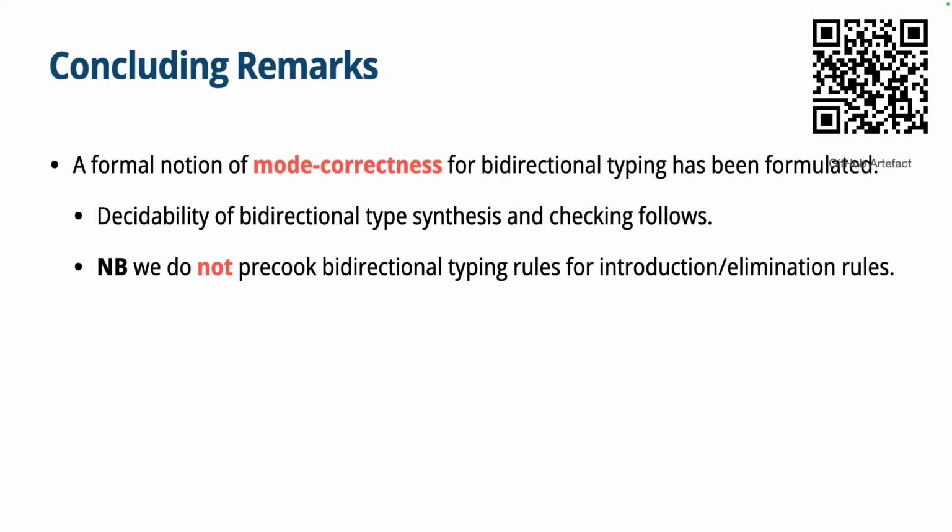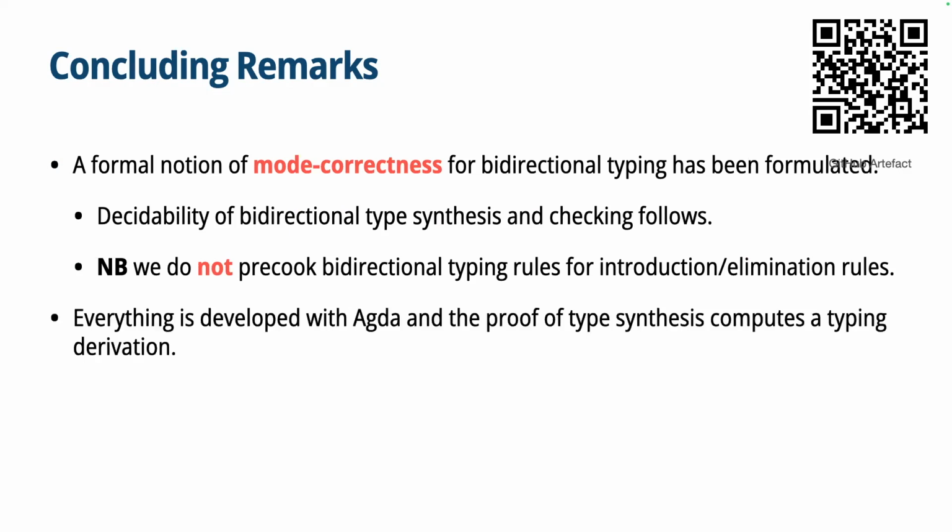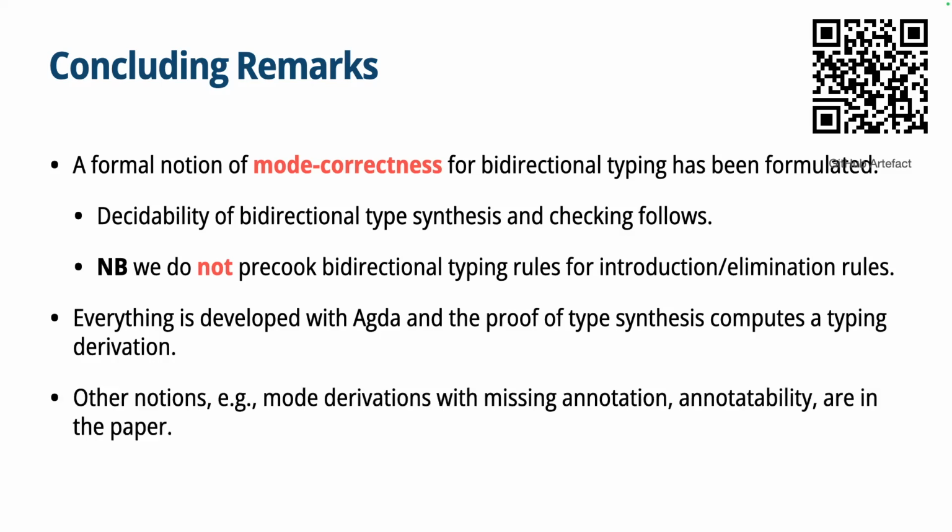That is a question that I leave to you, or maybe we can have some recipe to generate bidirectional type systems, but it's not the concern of this work here. We can prove everything in Agda, and I can actually show you that the proof is a program that can produce the derivation.